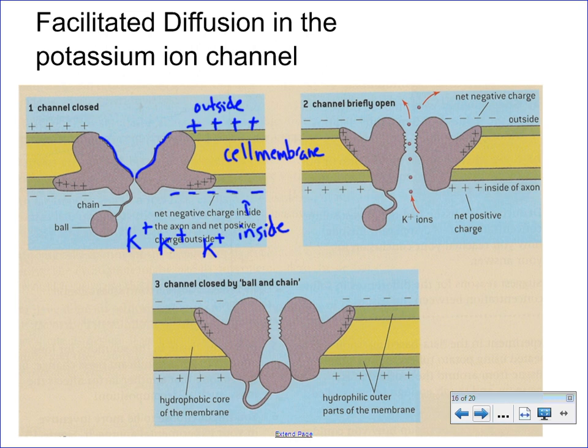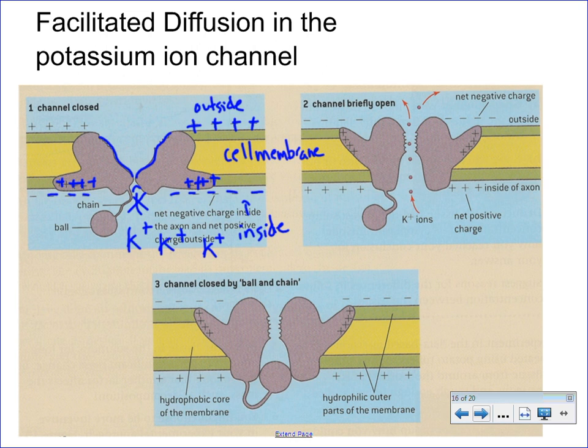In this configuration, in this diagram, right now this channel is considered closed, and potassium ions cannot pass through this channel. In this conformation here, there are a large amount of positive charges in that protein that will favorably interact with those negative charges. And this is what allows the channel to be closed.